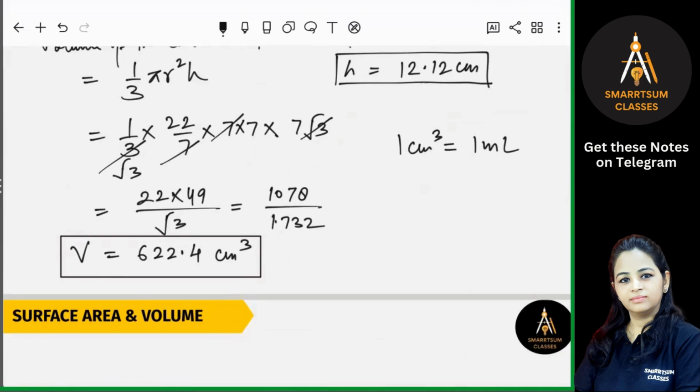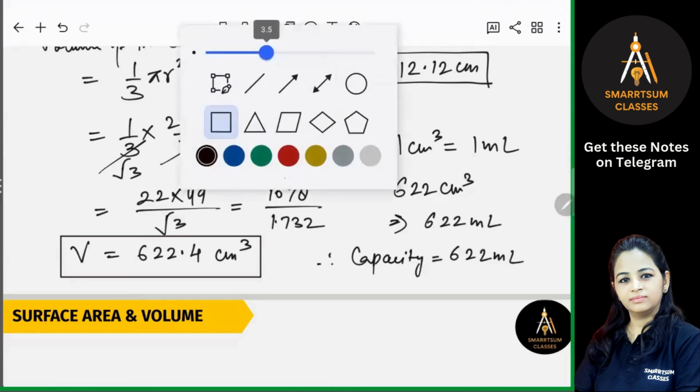So if the volume is 622 centimeter cube, what will be the capacity of that cup? That will be 622 ml. So how much liquid it can hold, or what is the capacity? Therefore, the capacity is 622 ml.